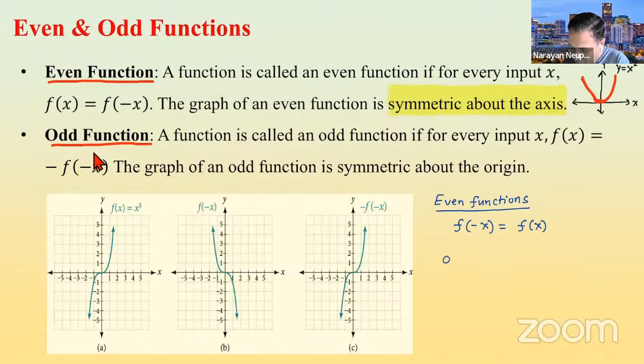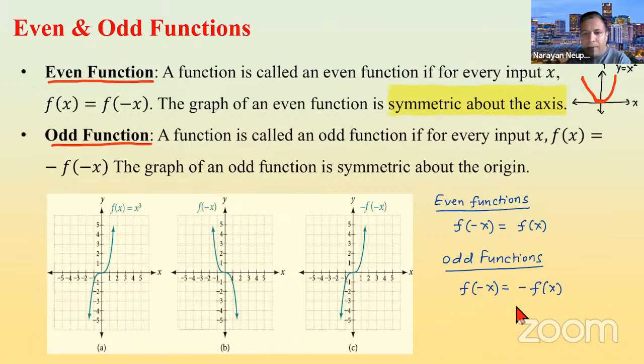So odd function, let me write here. Odd functions will satisfy this condition. If you plug in negative x to the function, it will be opposite of the original function. It will be negative f of x.